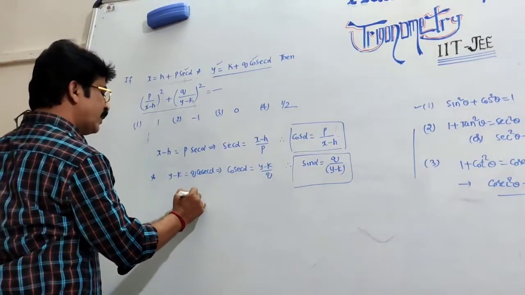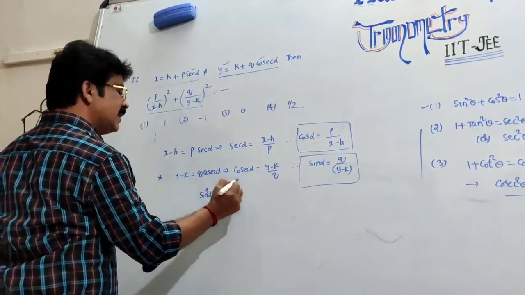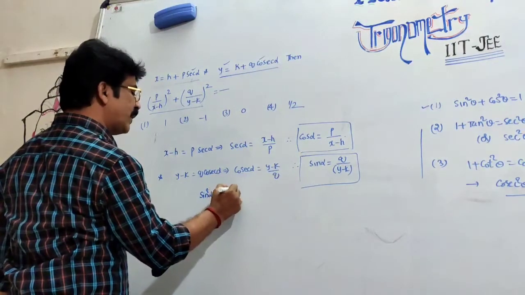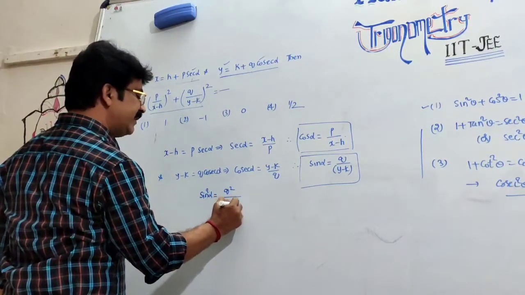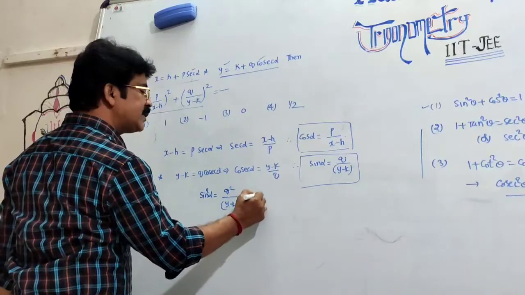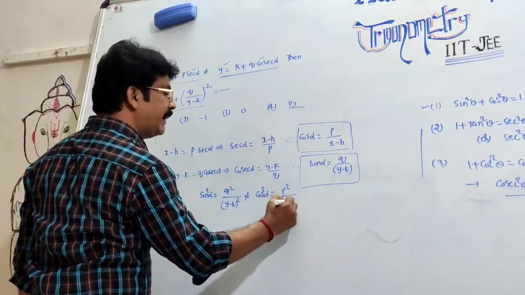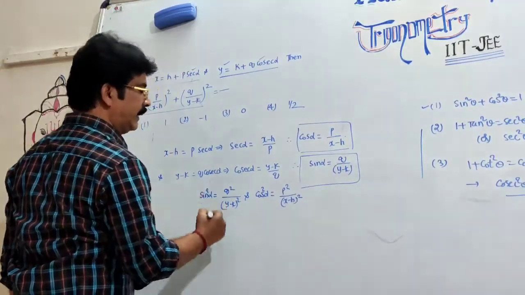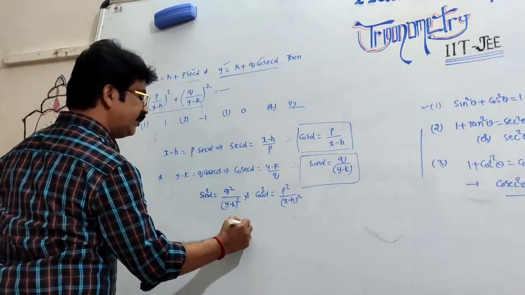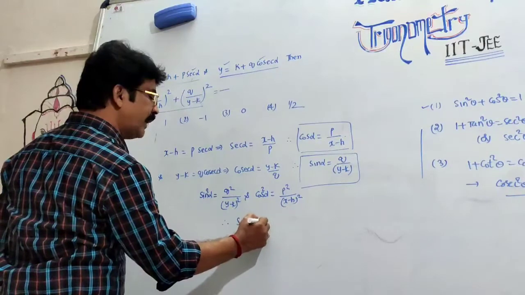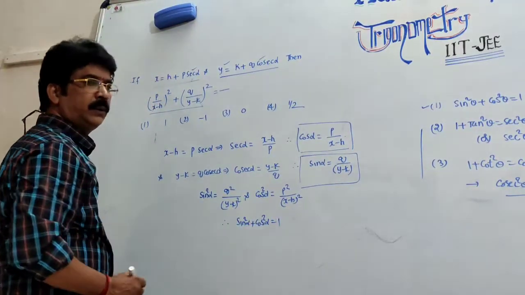Therefore, what is sin square alpha? Tell me. Squaring on both sides, it is q square divided by (y minus k) whole square. And cos square alpha is equal to p square divided by (x minus h) whole square. So therefore, sin square alpha plus cos square alpha is equal to 1.